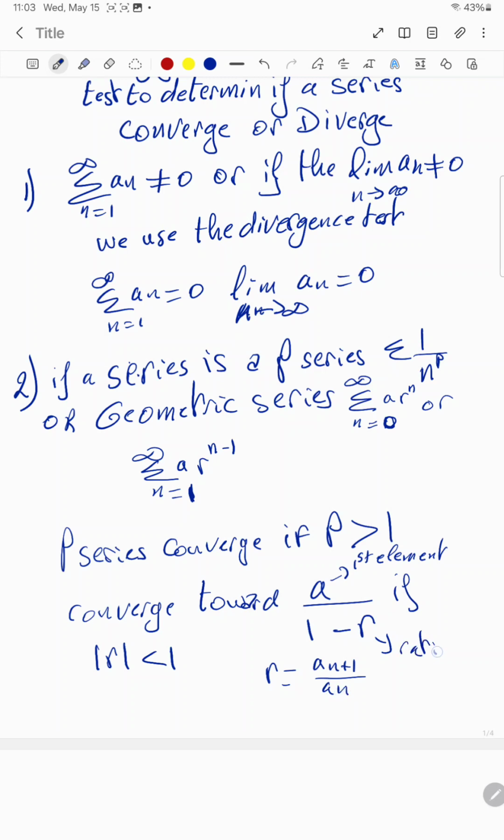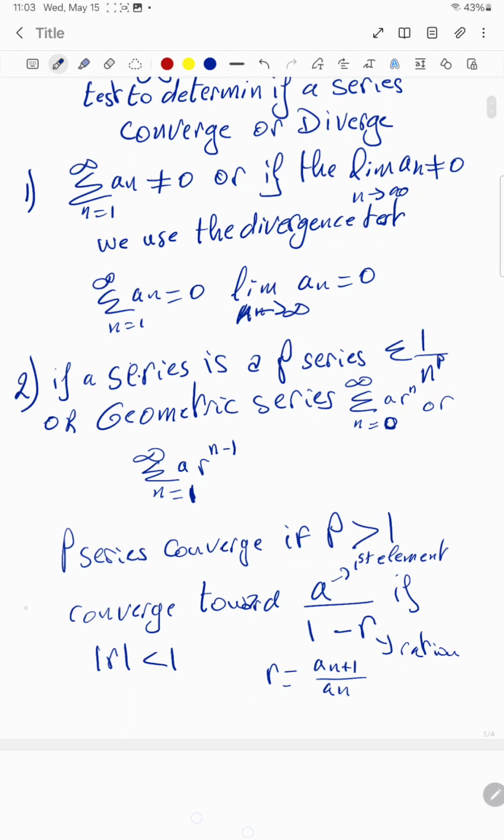That's the ratio. So if the absolute value of R is less than 1, my geometric series will converge toward A, the first term, divided by 1 minus R. And we will see some examples on that later on.